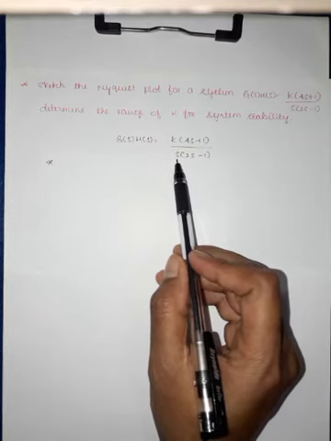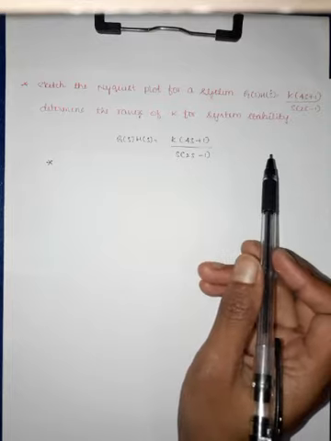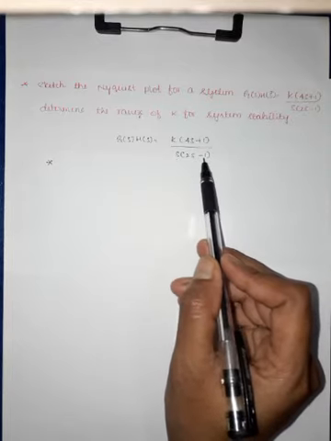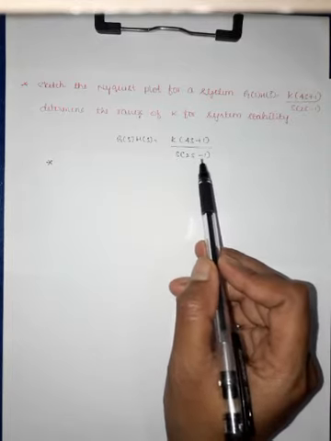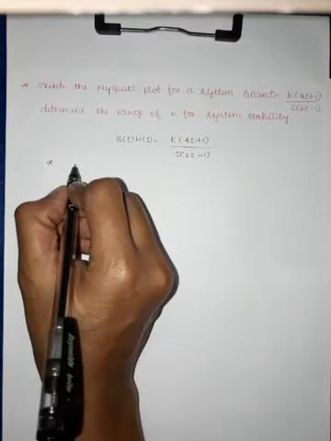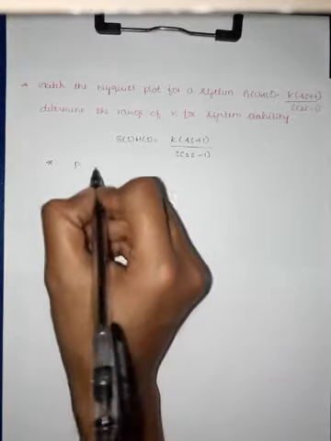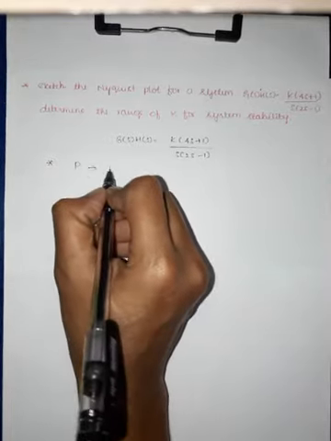One is located at the origin, and another one is located on the right side of the s-plane. 2s minus 1 gives the pole located on the right side of the s-plane. So P, the number of poles located on the right side of the s-plane, is equal to 1.